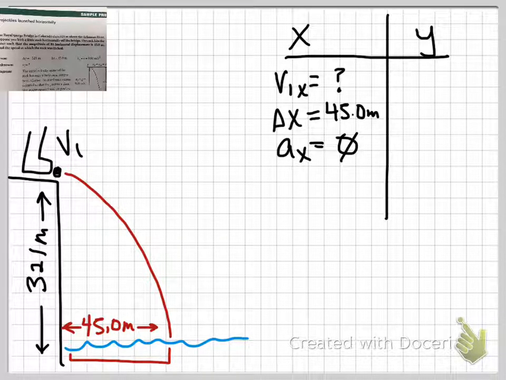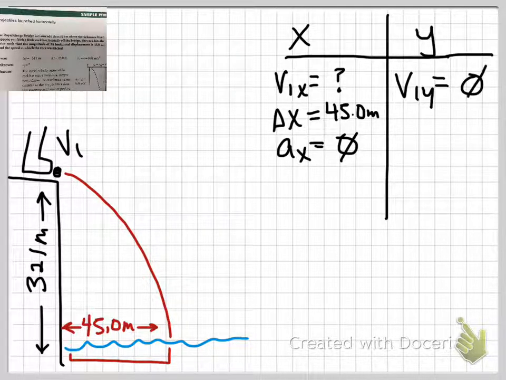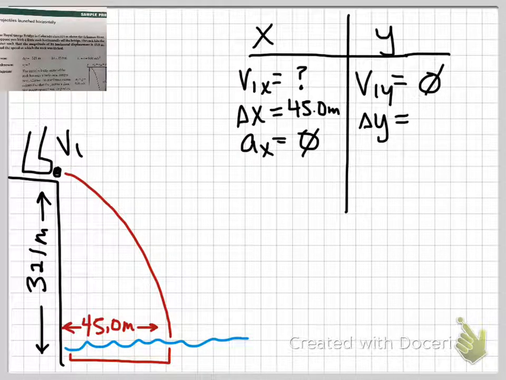So let's look at my y-axis variables. What is my initial velocity on the y-axis? 0. What is my delta y? Be careful. I hear a magnitude of 321 meters, negative 321 meters.